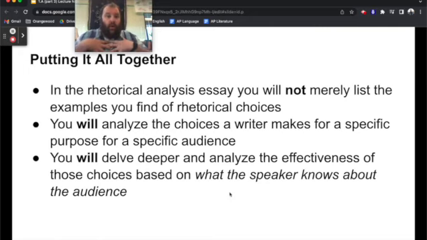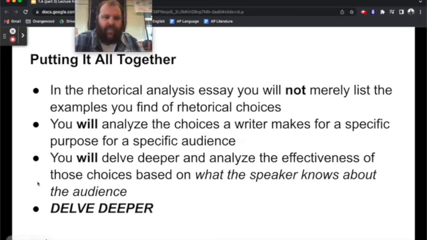So her audience, the text, how are those things working together, right? And how effective was it? Why, right? So it's all about delving deeper into what is going on with this language, not just what's going on, but how is it really having an effect on the audience?